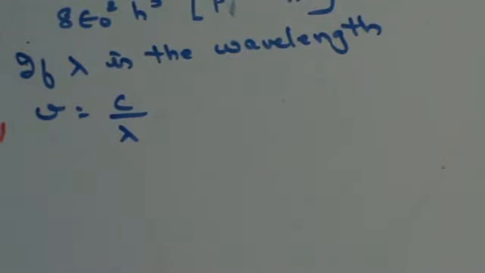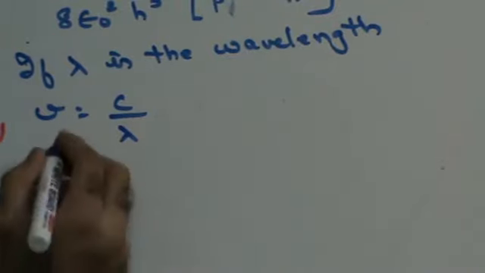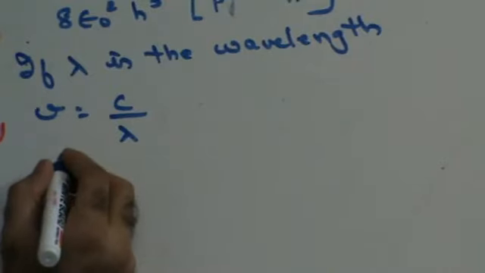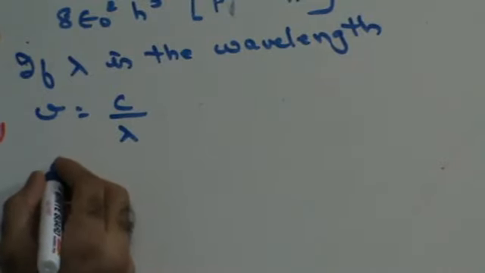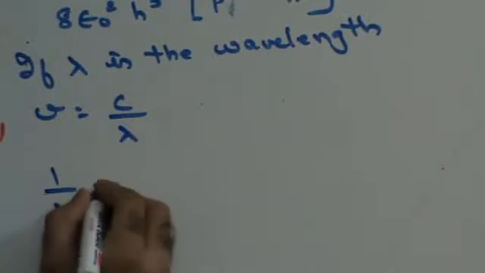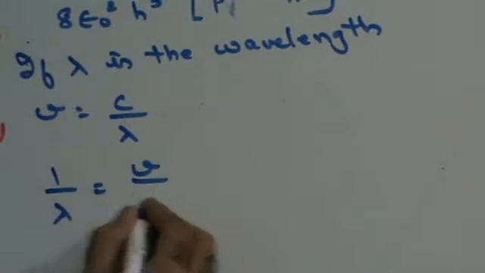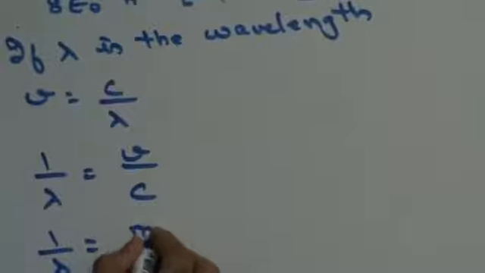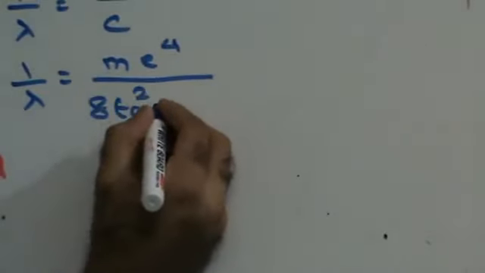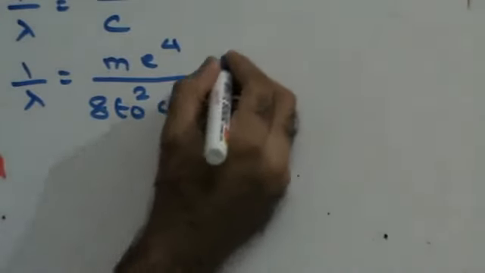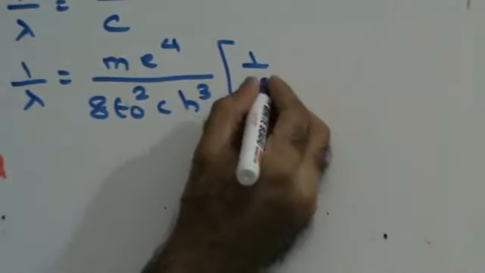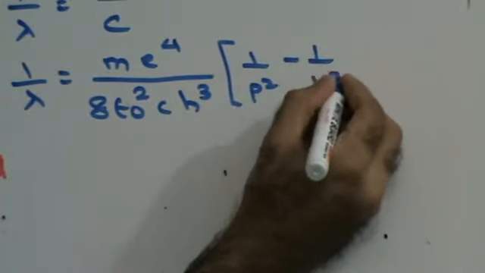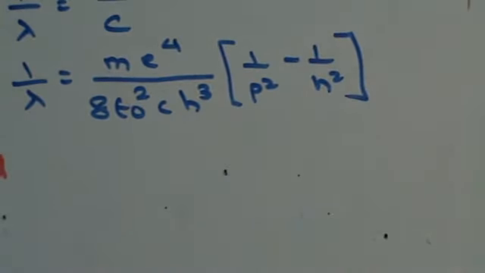So I can therefore say that I want to find out 1 upon lambda. So 1 upon lambda is nothing but v upon c. v I already know, substitute the value of v. So I'll get 1 upon lambda is me^4 upon 8 epsilon 0 square c h cube, 1 upon p square minus 1 upon n square, right?